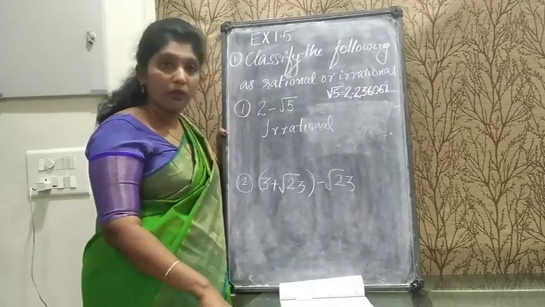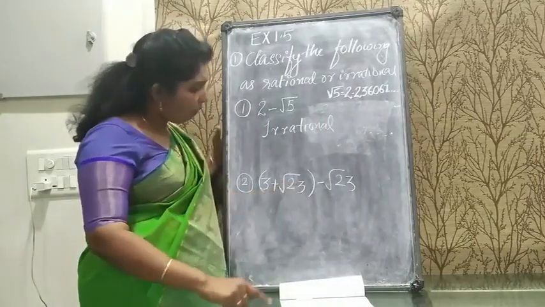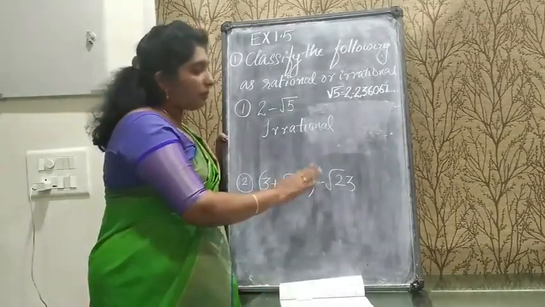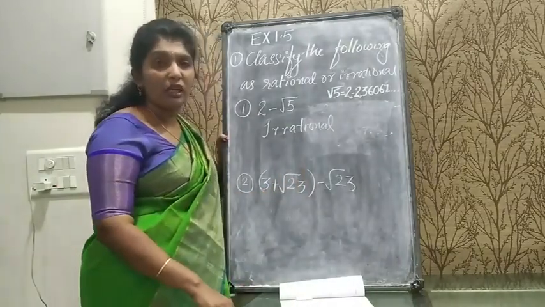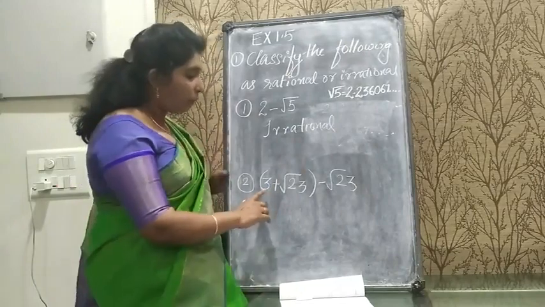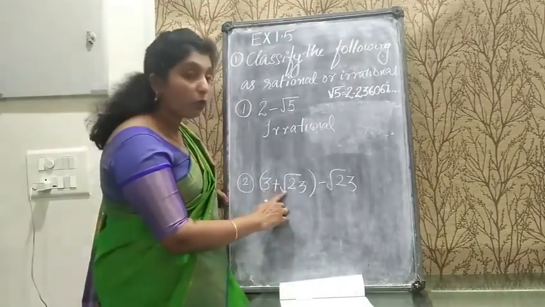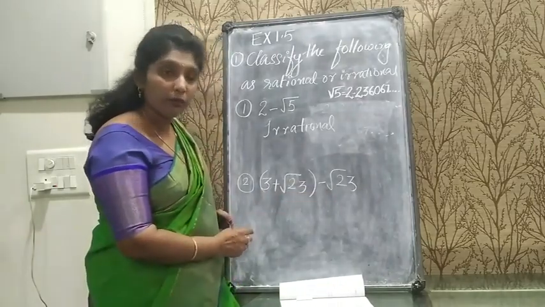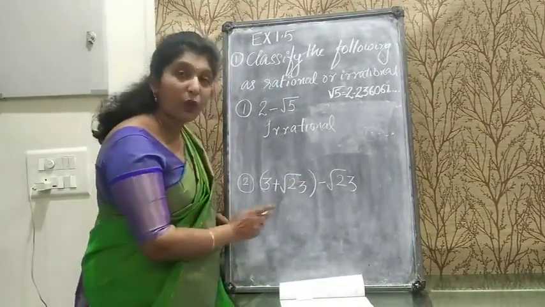Next one. Here, first of all, we have to simplify, because addition, subtraction and many operations are given here. At first, 3 plus root 23 minus root 23 is given. So first of all, you have to simplify.